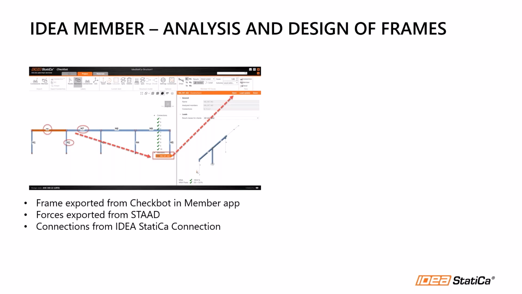I just selected the members, as you can see here. I created a member file from Checkbot, selected those members, and then opened it from Checkbot. The frame was exported from Checkbot to the Member app, the forces were exported from STAAD.Pro, and the connections came from IDEA StatiCa Connection, right?